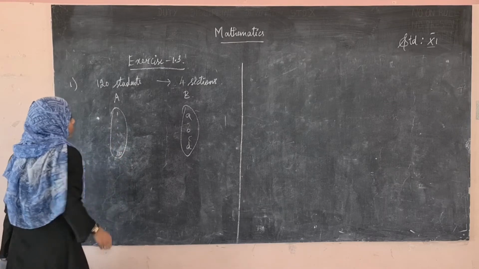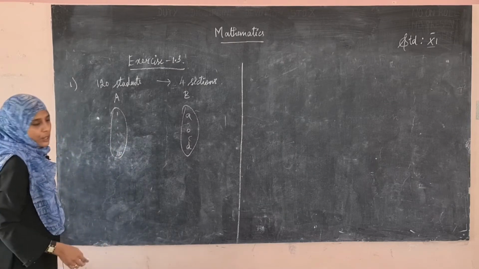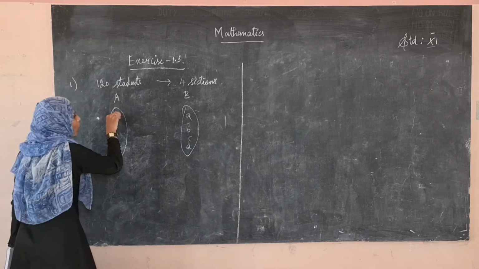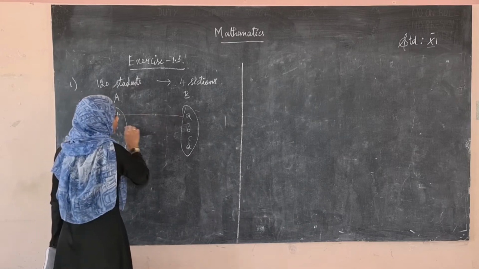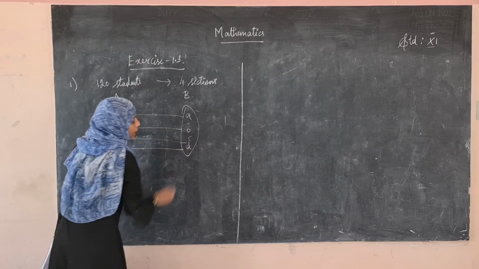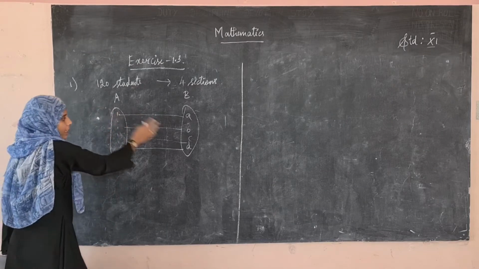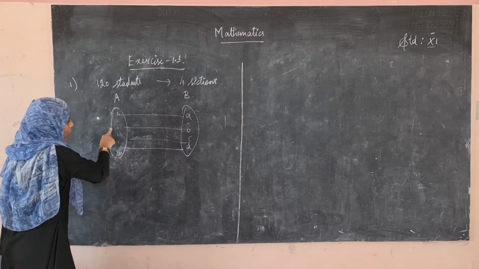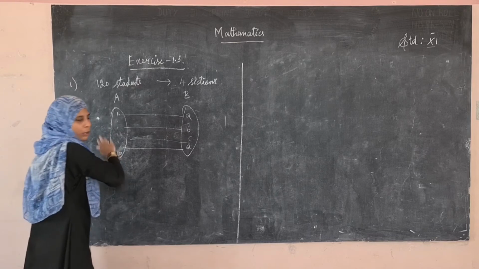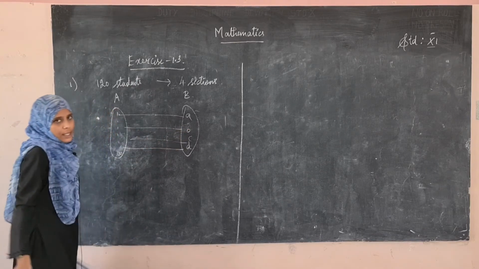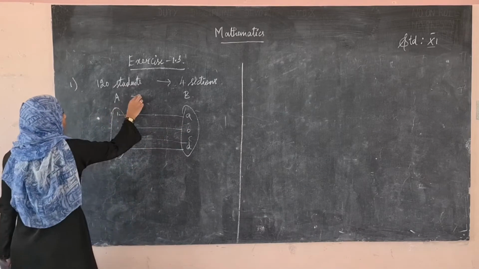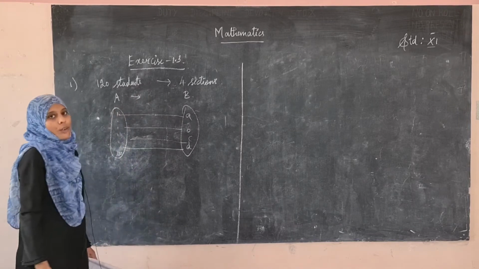So is this relation a function? See here, all the students are marked to any one of the sections. Since all students are studying in 11th standard, which contains 4 sections, every student should be in one of the sections. So A to B, this relation is a function.